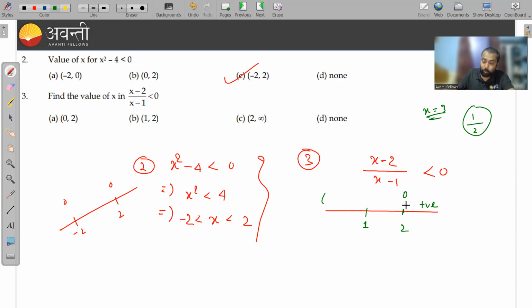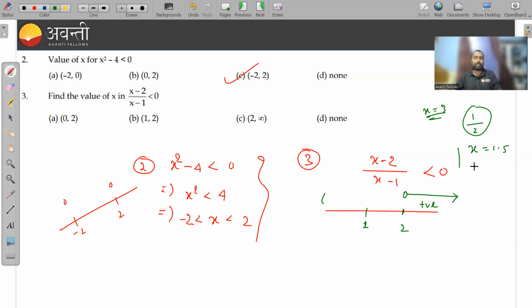When the point is included, I will give a solid dot. But when the number is excluded, we'll give a hollow circle, right? So for x greater than 2, we are getting positive values, okay? And in between 1 to 2, suppose I'm taking x is equal to 1.5, right?